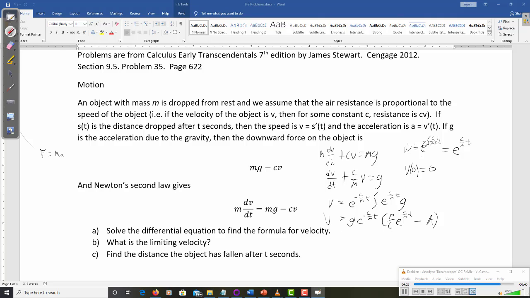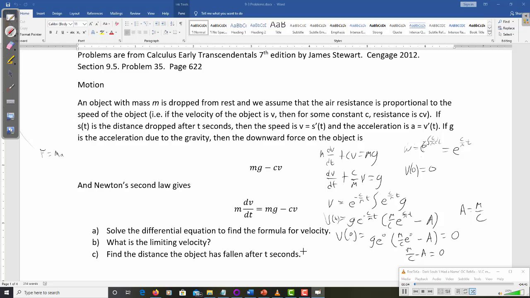Then g e to the 0 times (m over c e to the 0 minus A) equals 0. You can divide off all of that, so m over c minus A equals 0, so A equals m over c.